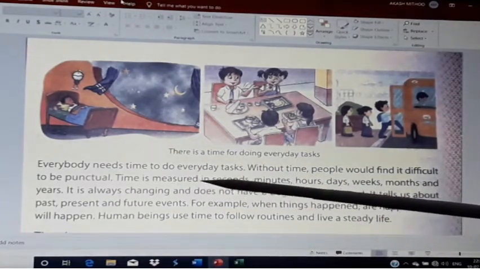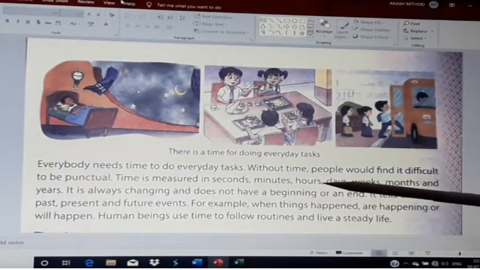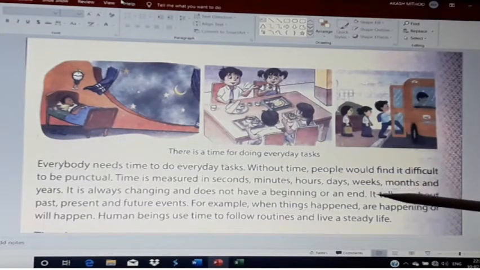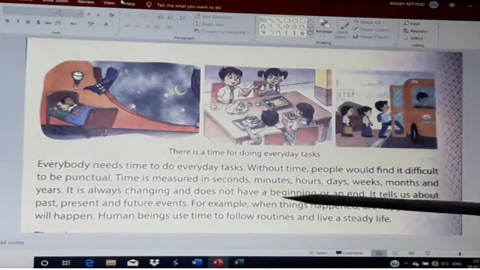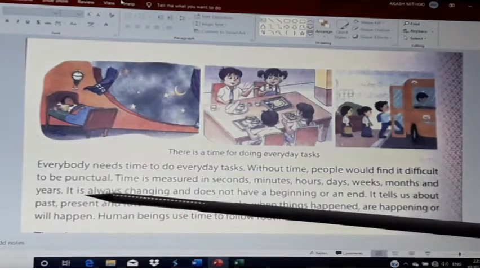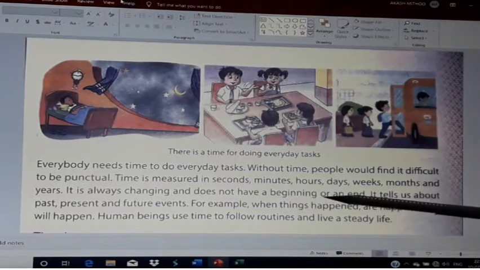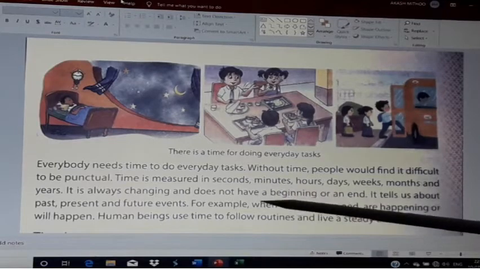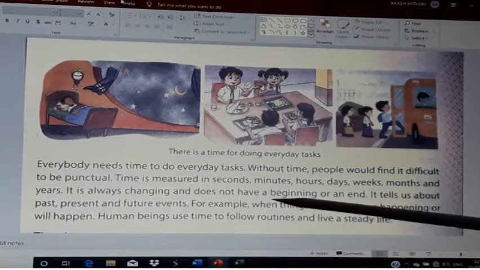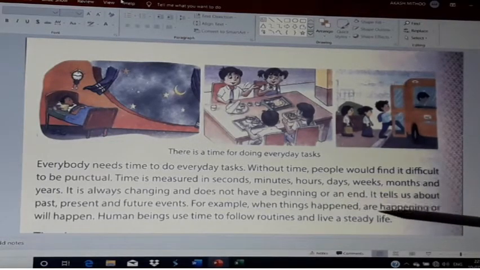Time is measured in seconds, minutes, hours, days, weeks, months and years. Children, time is always changing and it doesn't have a beginning or end.